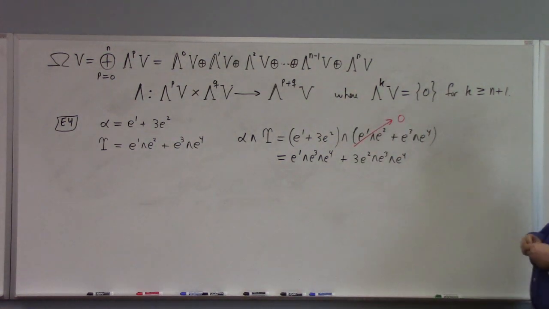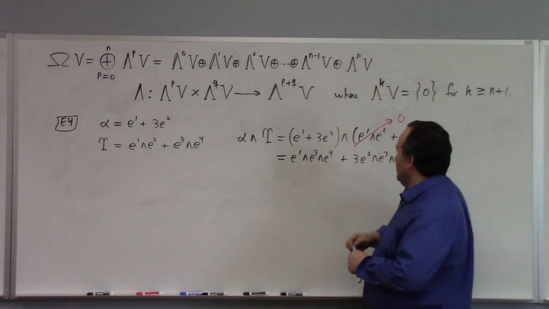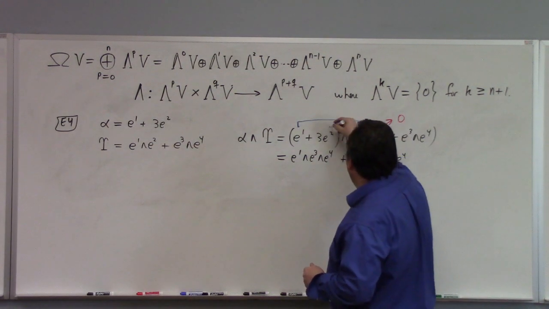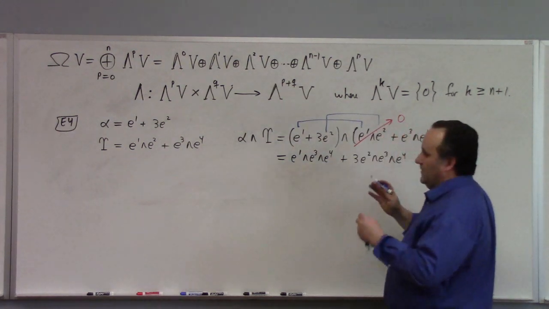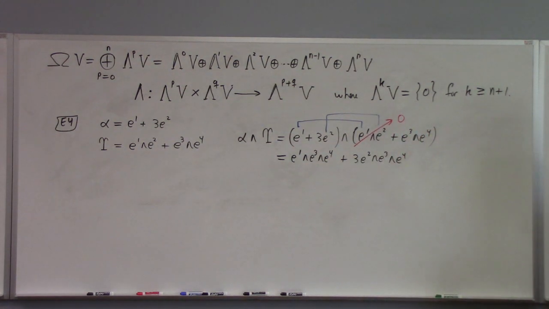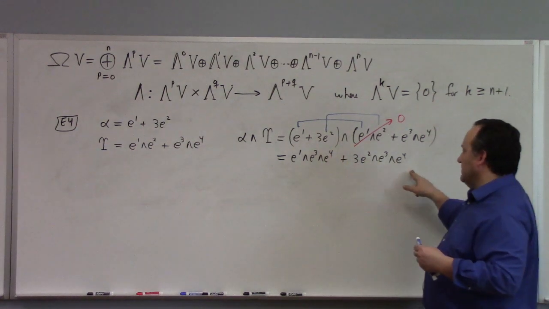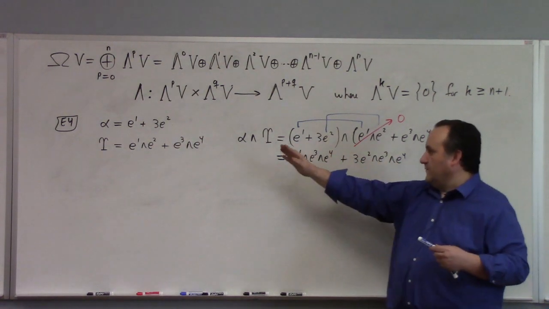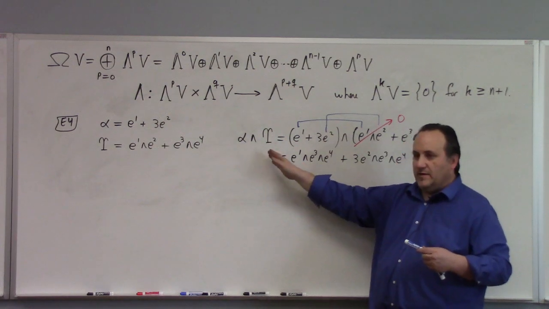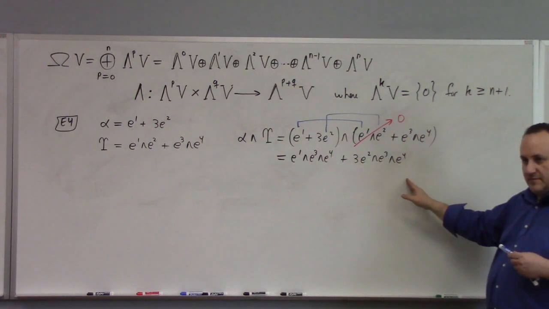As you think about it, in both of the distributions, we get a wedge product of either e1 with e1 or e2 with e2. Either way, 0, right? And as such, we just end up getting e1 wedge that, and then 3e2 wedge that. As you can see, we took a 1-form, wedged a 2-form, and we got a 3-form.